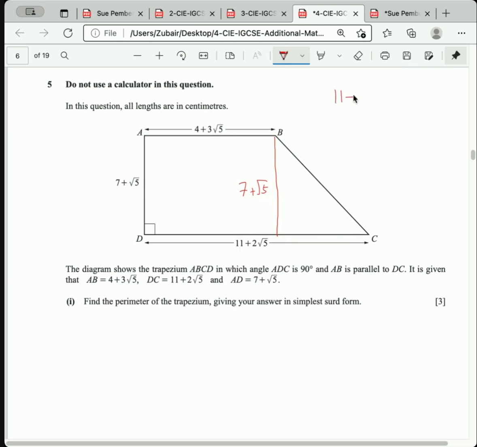So 11 plus 2 root 5 is the longer side minus the shorter side 4 plus 3 root 5. 11 minus 4 is 7 and this is 2 root 5 minus 3 root 5. Oh, that is going to be tough and do not use calculator.